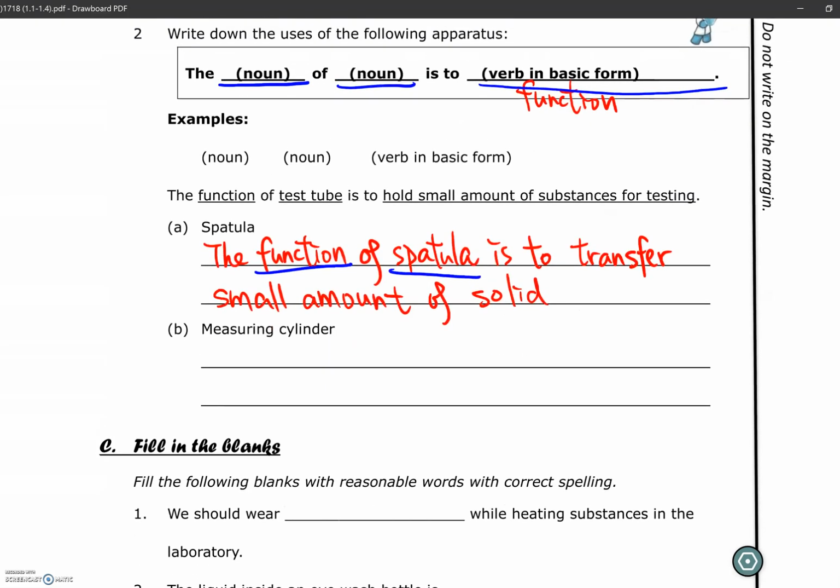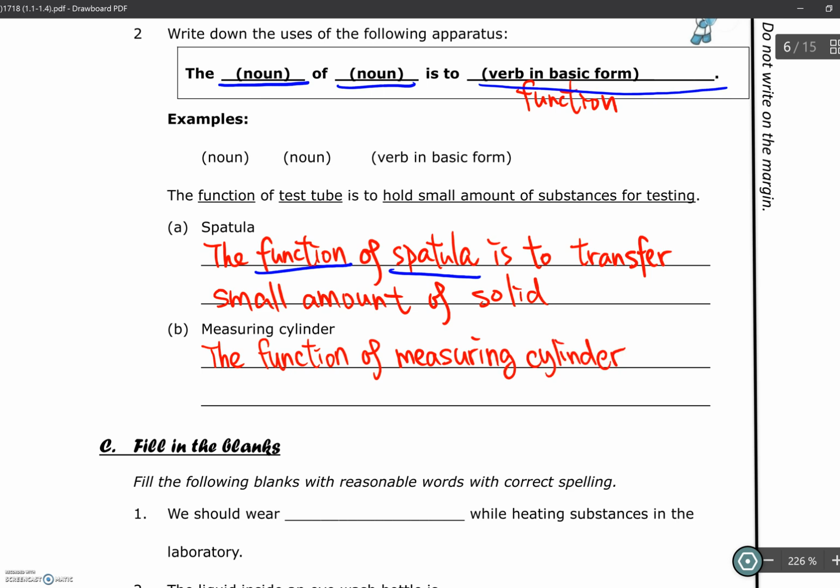Okay, and measuring cylinder. For measuring cylinder, the function of measuring cylinder is to measure the volume of liquid.